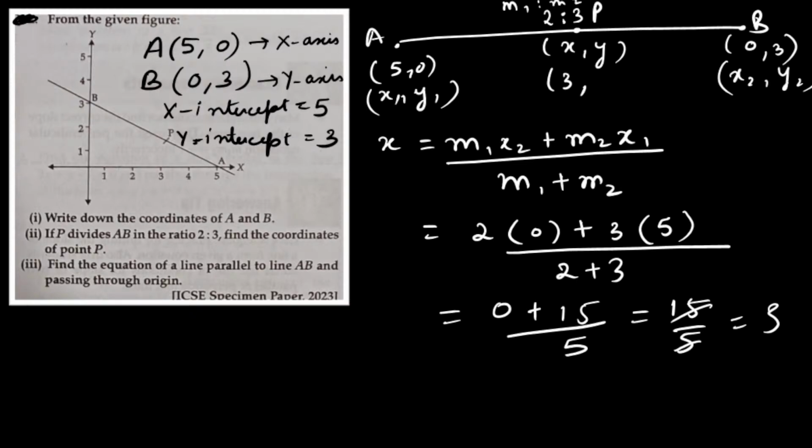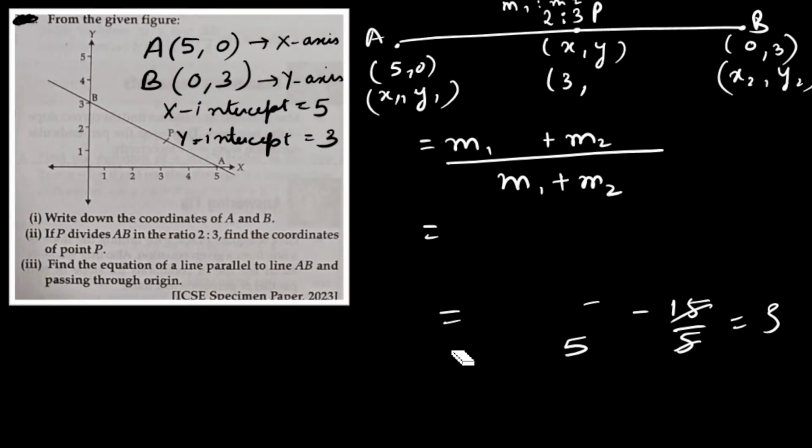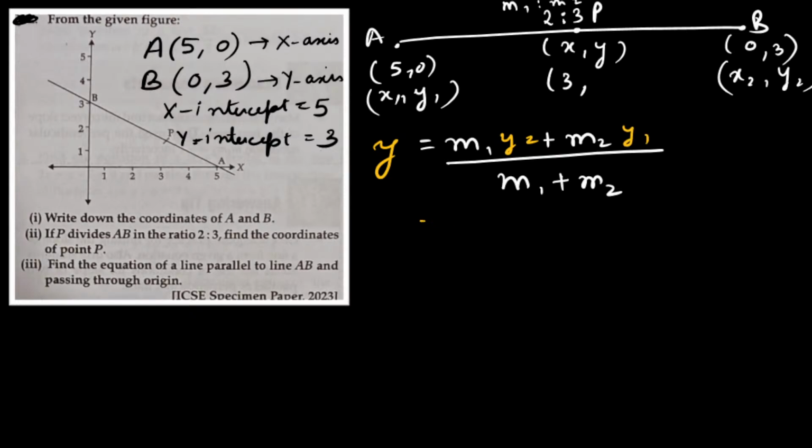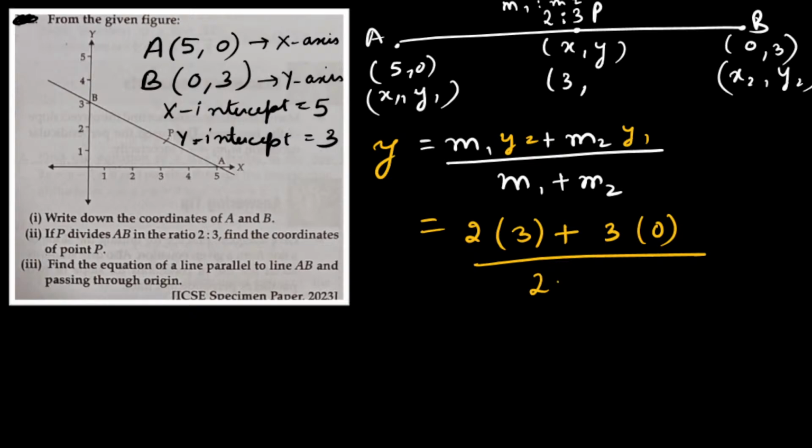Now let's find y, using the y section formula. The section formula for y is m1 y2 plus m2 y1 divided by m1 plus m2. So m1 is 2 into y2, y2 is 3, plus m2 is 3 into y1, which is 0, divided by 2 plus 3.